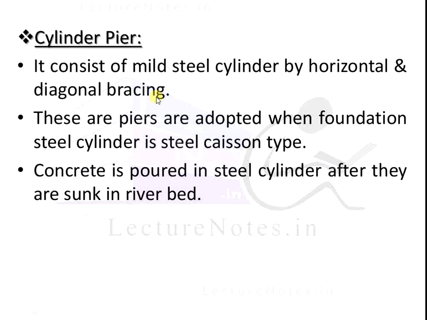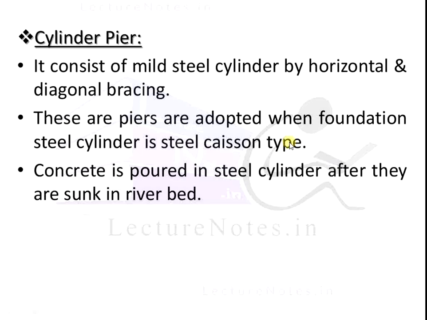The bracing is the most important thing for constructing and supporting the cylinder piers. This type of pier is adopted when the foundation of the steel cylinder is of the steel caisson type.